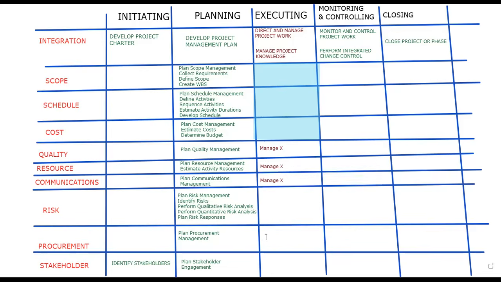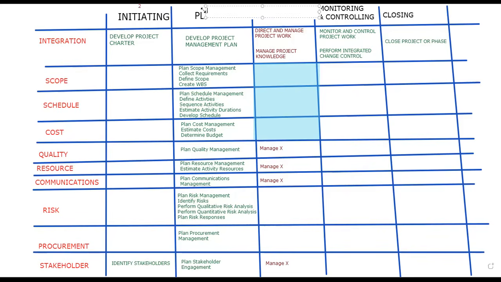We have a manage X somewhere here as well. And I'm going to show you a way of keeping stock of all the process groups. So here we have 2 processes in this column, right?